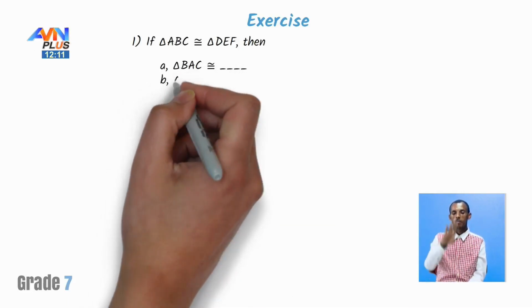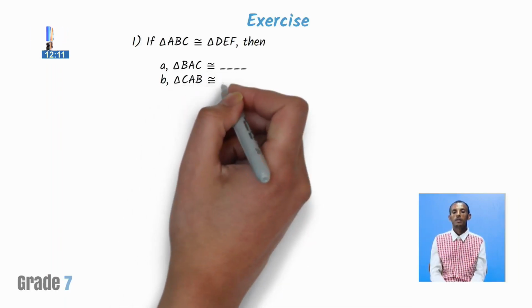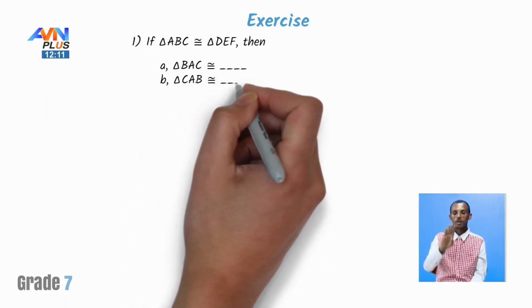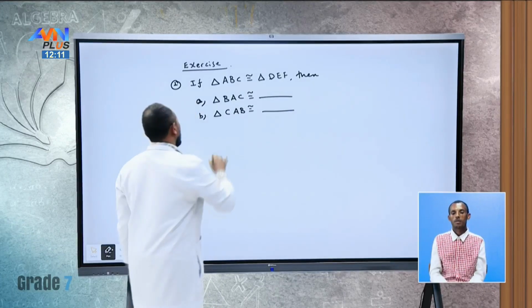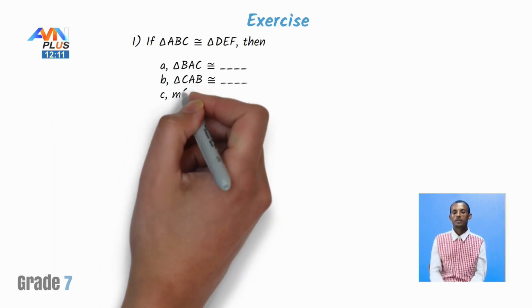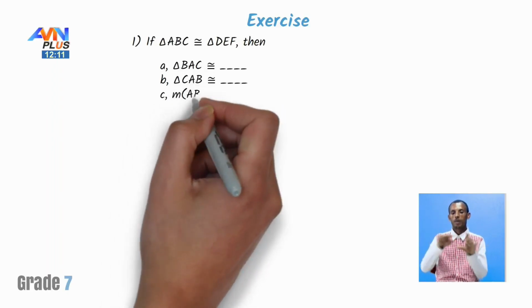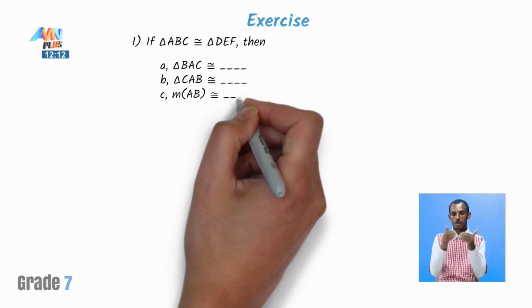B, triangle CAB is congruent to blank. Again, C, measure of length AB is congruent to blank.